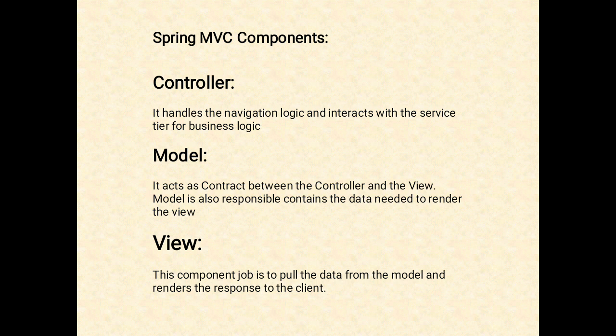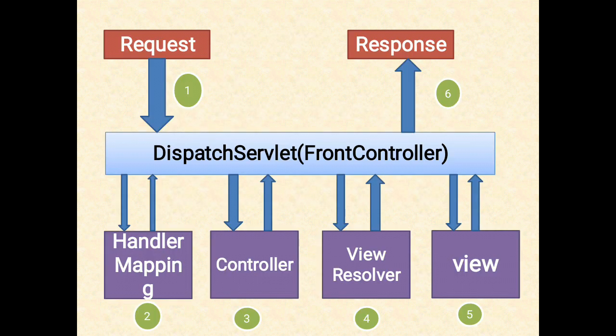Now let us look at the flow of Spring MVC architecture. Step 1: whenever we submit a request from the client, that request will be received by the dispatcher servlet, that means the front controller. It is not necessary to write any single servlet since Spring provides a pre-written servlet.